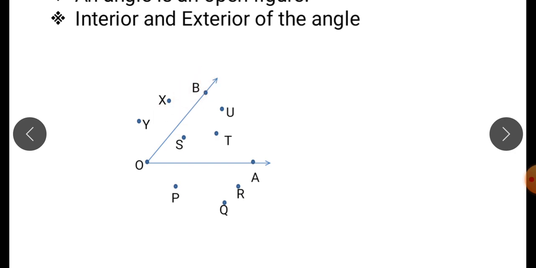Those points are point S, T and U. Those points which are inside the angle form the interior of the angle, whereas the other points like point P, Q, R, X and Y are outside the angle and they form the exterior of the angle, whereas the points A, O and B lie on the angle.